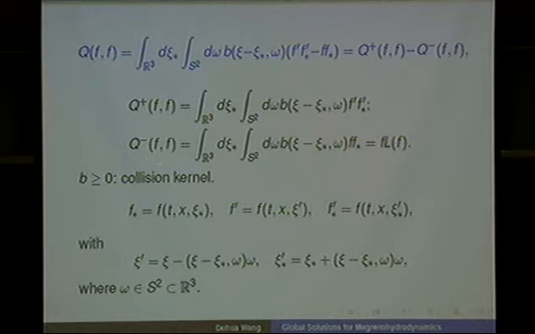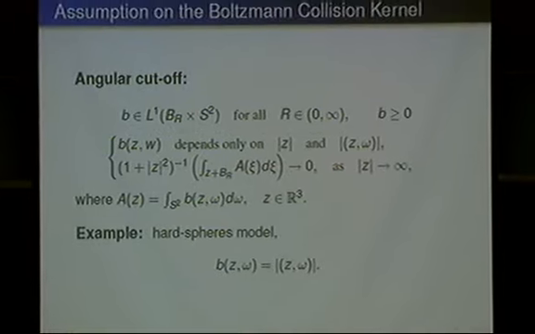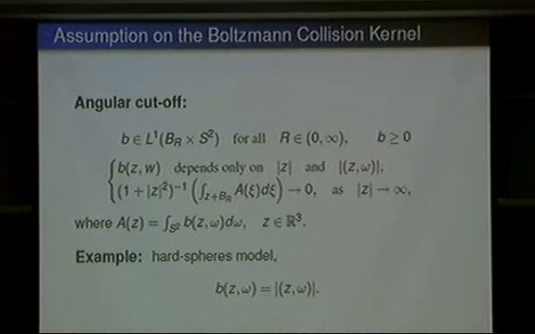If you are familiar with the Boltzmann equation, this is really just the standard operator. And we have the angular cutoff assumption. This is also for the Boltzmann equation, especially for existence and so on. You need this angular cutoff. But a special example that satisfies this is the hard sphere model.